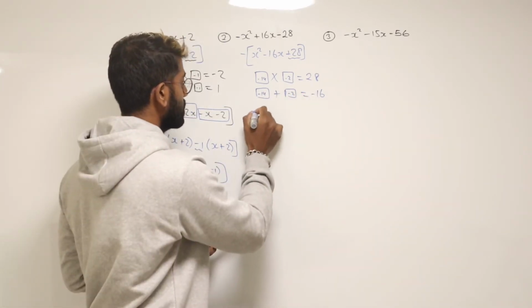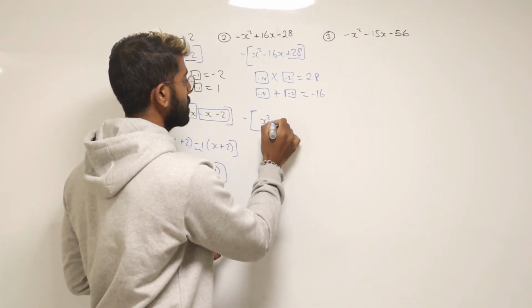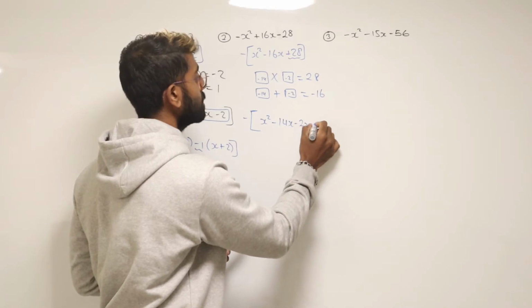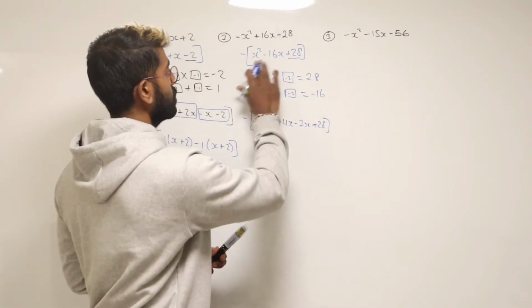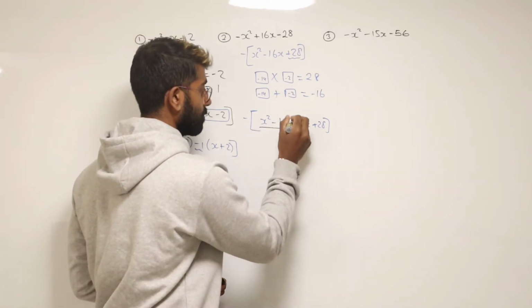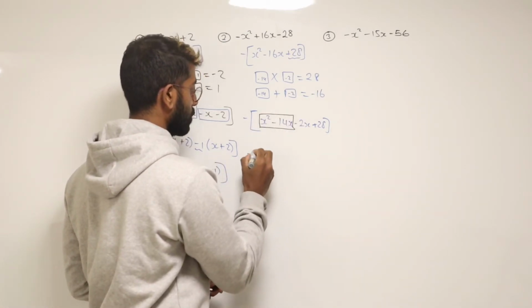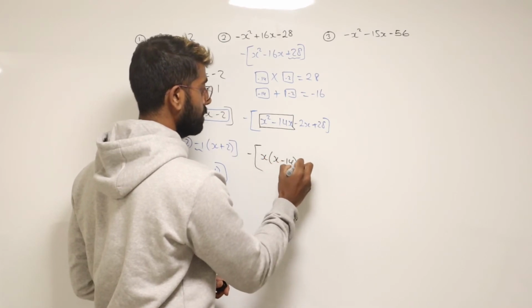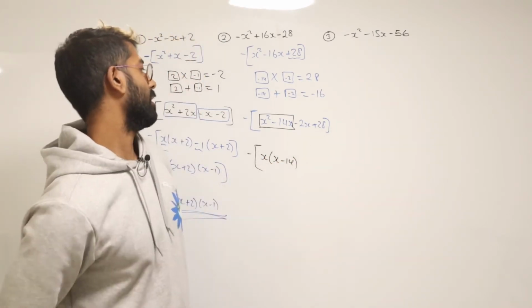And we'll start rewriting our quadratic now. So we'll have x squared minus 14x minus 2x and plus 28. So rewritten that. And let's go ahead and do some factorizing. So we'll factorize out from the first two terms here. So we've got minus, open that up, take out an x, so x minus 14. And then from here, what can we take out?